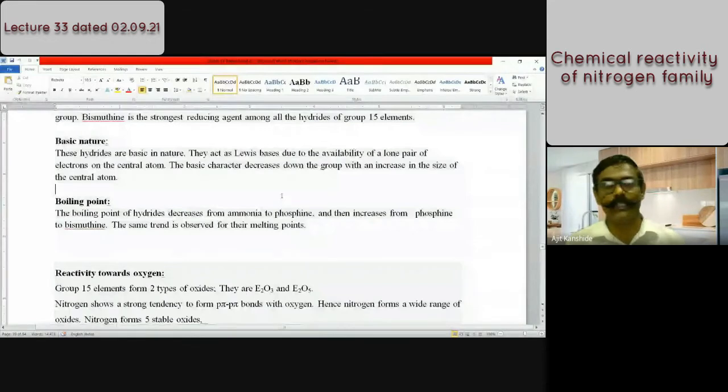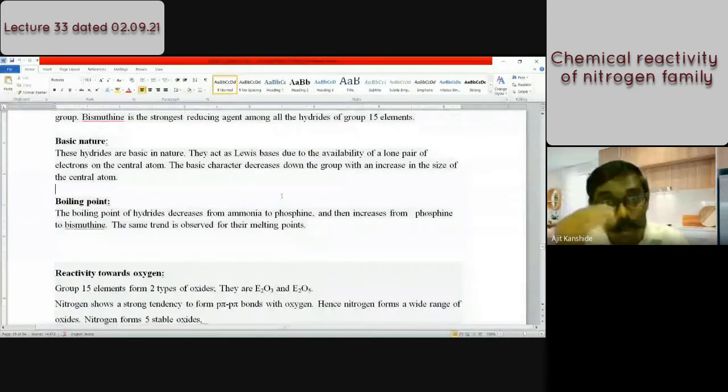I repeat, in the case of ammonia and phosphine, covalent character is the major point. Both nitrogen and phosphorus are non-metals, so the covalent character is there, due to which the attraction between two molecules is relatively less.